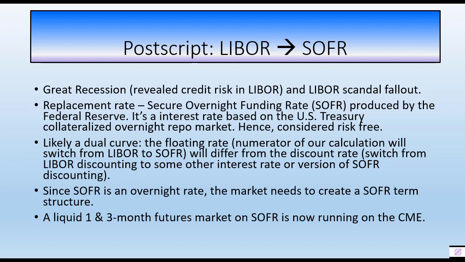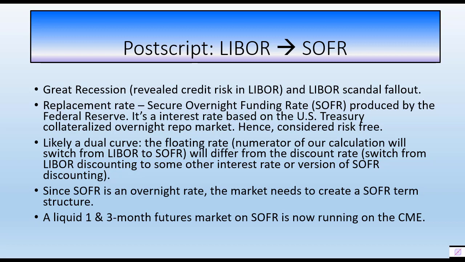And so now what's likely to happen is we'll have a SOFR floating rate, which is the numerator, the top part of those fractions, and we're likely to have a discount rate, another interest rate to use for discounting. There's no reason why it has to be the same yield curve, so to speak. You could have one floating rate and discount with another rate. Or it possibly could be SOFR to SOFR, one on top of the other, but we don't know how that's going to work.